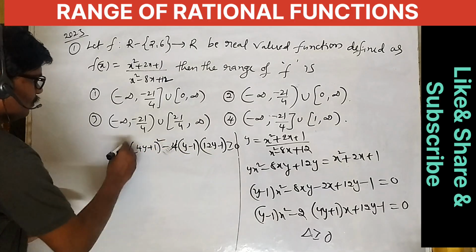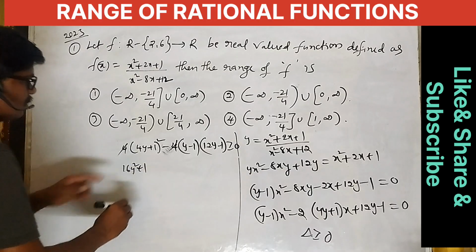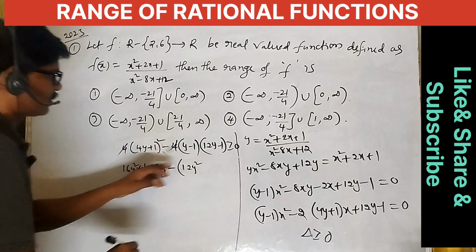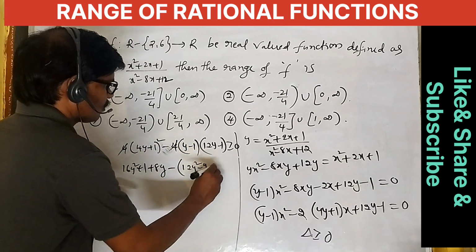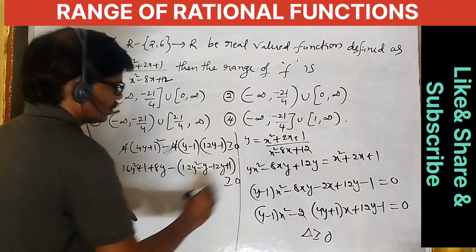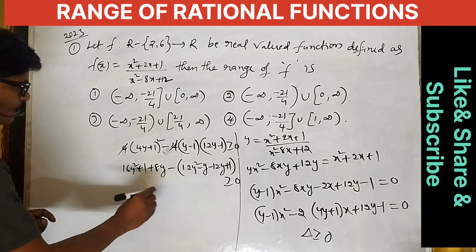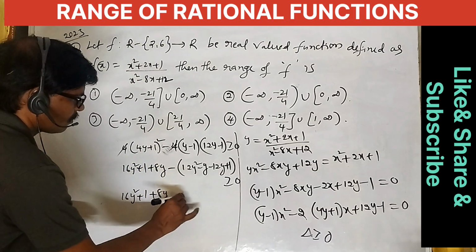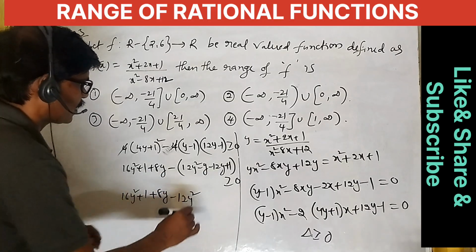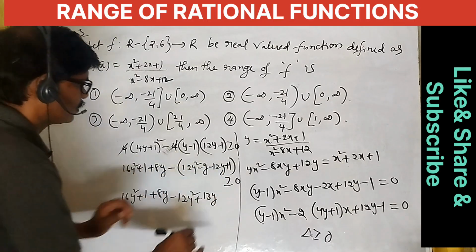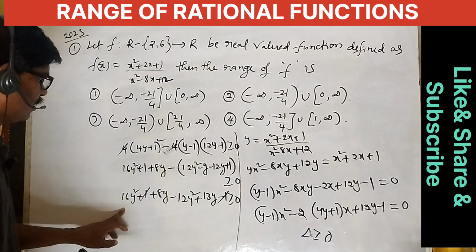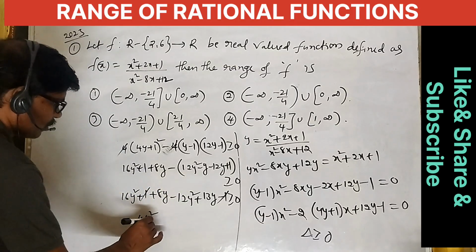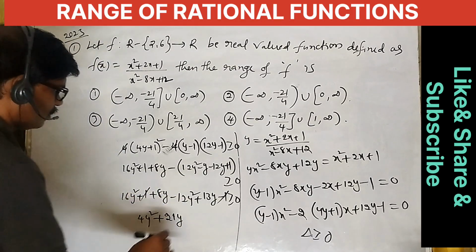Expanding, we get 16y square plus 8y plus 1 minus 4 times 12y square minus 13y plus 1, which simplifies as the 1 and minus 1 cancel. 16y square minus 12y square equals 4y square, and 8y plus 13y equals 21y. So 4y square plus 21y greater than or equal to 0.